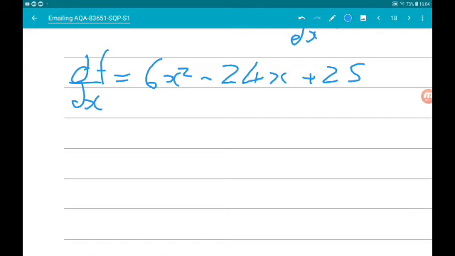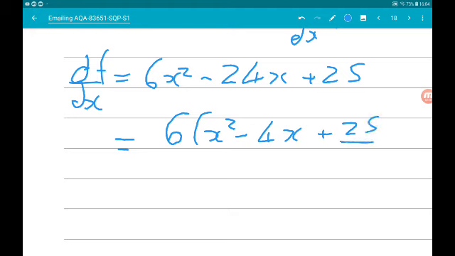Now, how can we show that this is always positive? Well, it's quadratic. So what we can do is find the minimum value of a quadratic by completing the square. So we can say then that this is equal to 6 lots of x squared minus 4x plus 25 over 6.